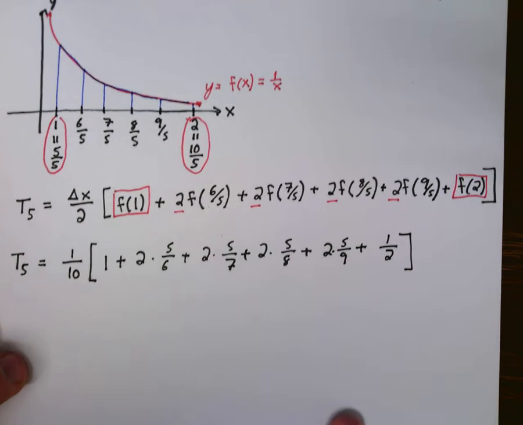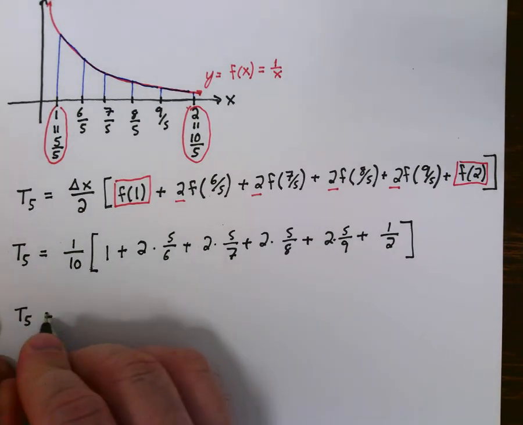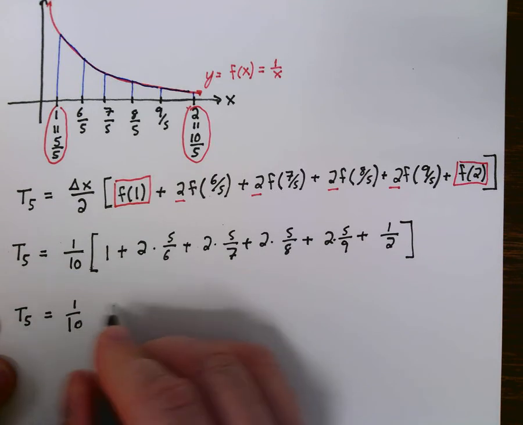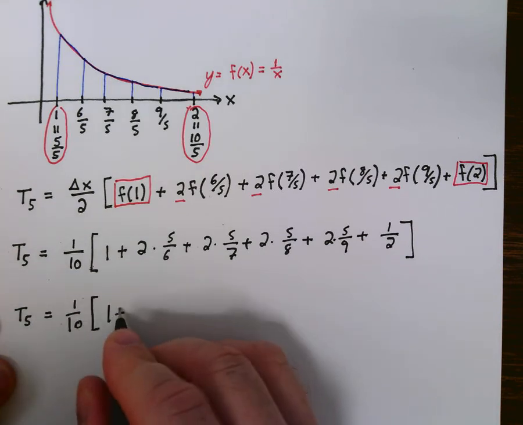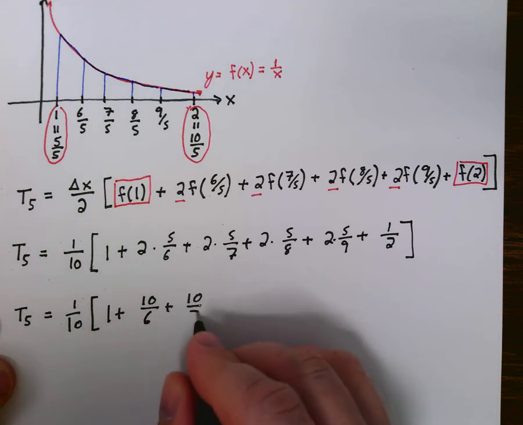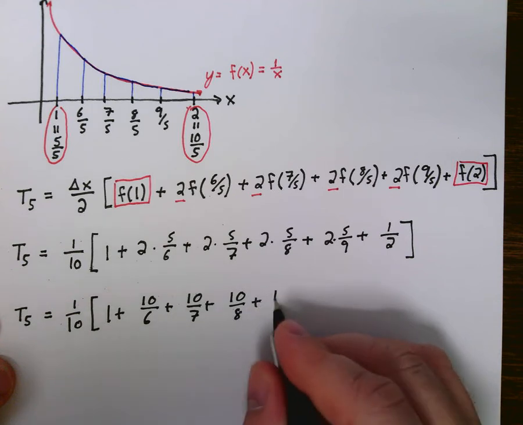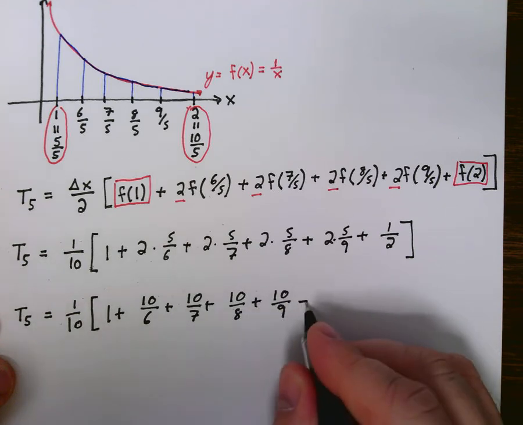Okay, now I can clean this up a little bit before I put this in the calculator. So my T of 5 is going to be equal to 1/10 times 1 plus 10/6 plus 10/7 plus 10/8 plus 10/9 plus 1/2.